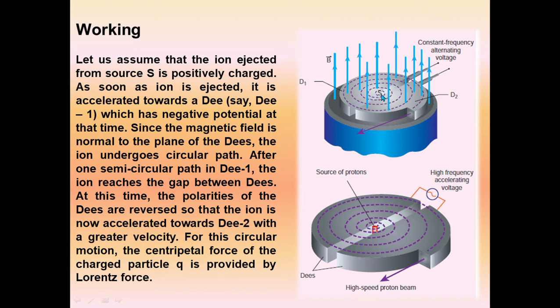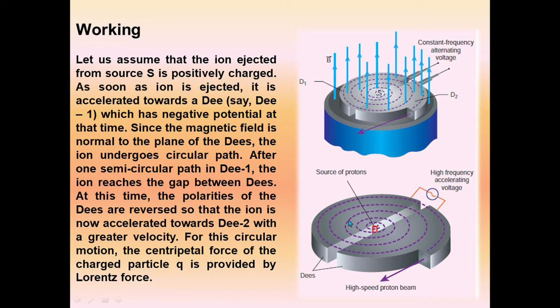As soon as the ion is ejected, it is accelerated towards a D. This is D1, this is D2. D1 has negative potential at that time, because the charge is positive.